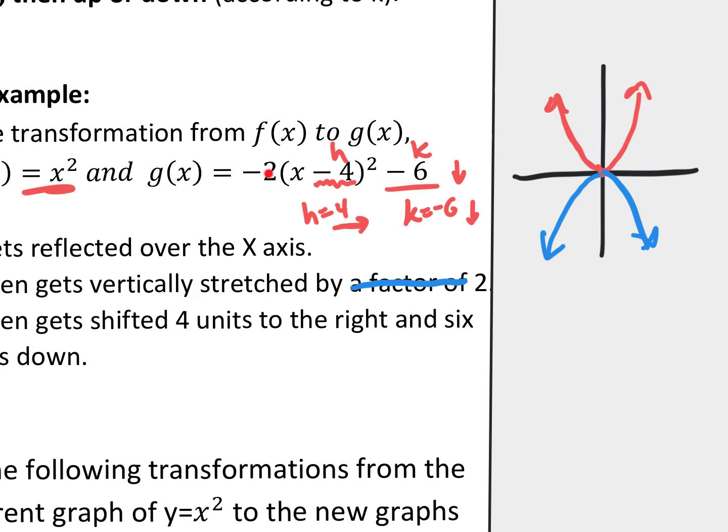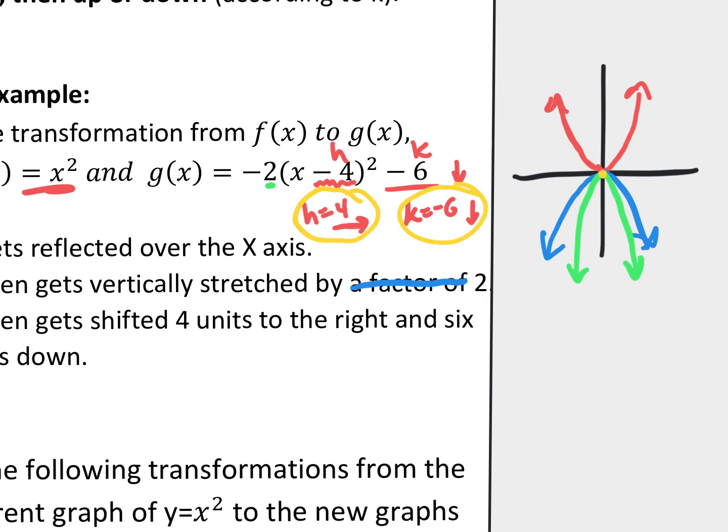Okay, so I'm just showing from the original parent graph to this new final graph. It first gets reflected over the x-axis. After that, the a value is 2, which causes a vertical stretch. So because of this 2 right here, that blue graph that's opening down is now going to get stretched. So it's going to get narrower. Okay, it got narrower. And then now for your final transformations, you're going to move 4 to the right and 6 down.